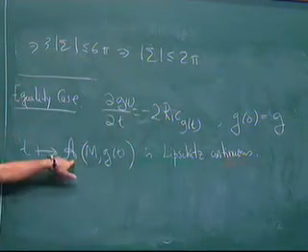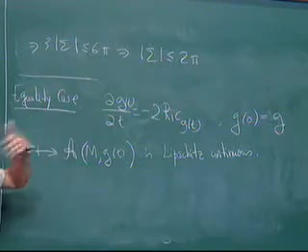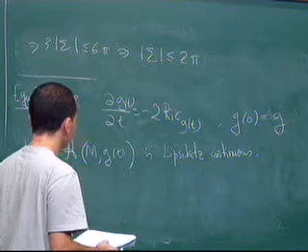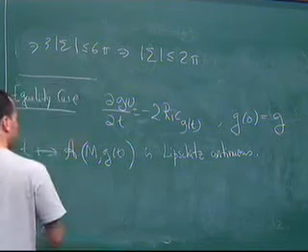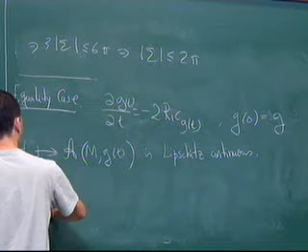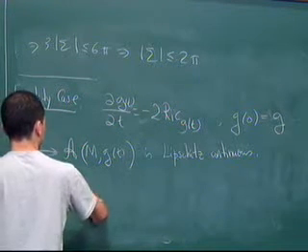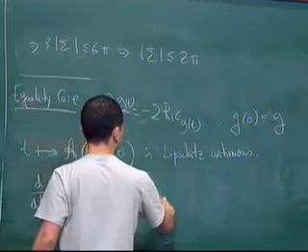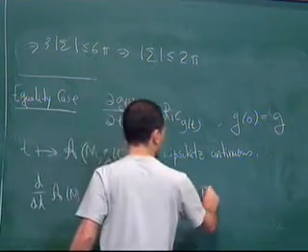Now I want to differentiate this function with time, and if you do that, what follows is that the derivative with respect to t of this area is bounded below by minus 8 pi, using Ricci flow.